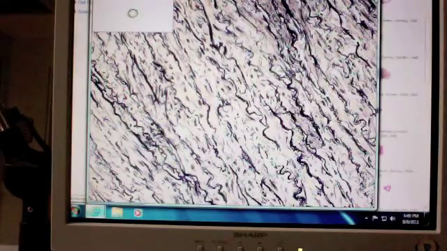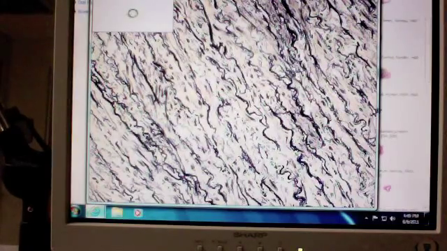I have a question. Yes. What type of collagen do you find predominantly in the elastic tissue? So the question is what kind of collagen are we usually seeing in this elastic tissue? It's going to be mostly type 1 collagen. I'm sure there are other types of collagens present, but predominantly type 1 collagen. And then reticular is type 3?